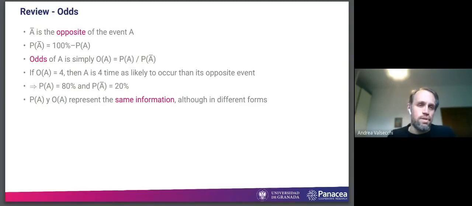So, of course, from the odds, you can calculate the probability. If the odds are 4, we are talking about an event that has an 80% probability. So the takeaway lesson from this small part is just that probability and odds are different, but they represent the same information in different forms.